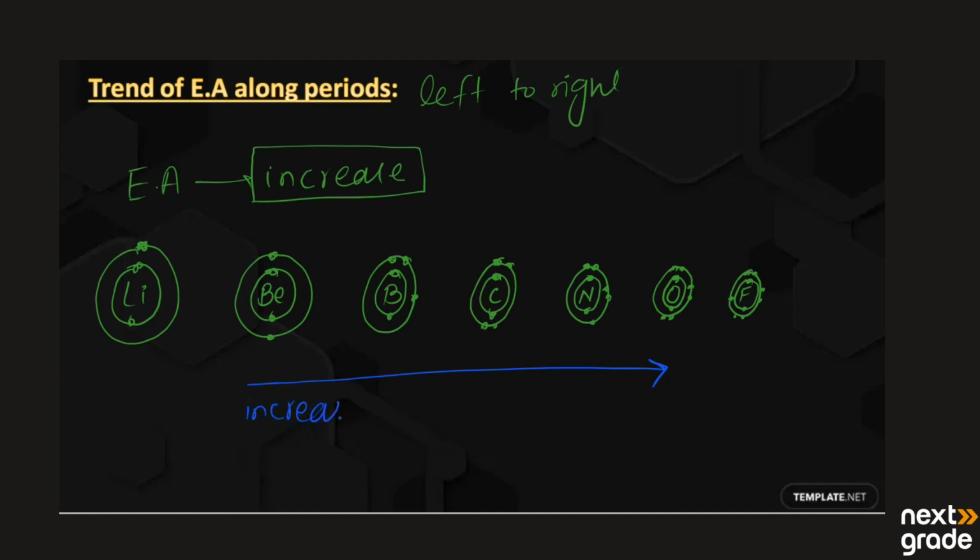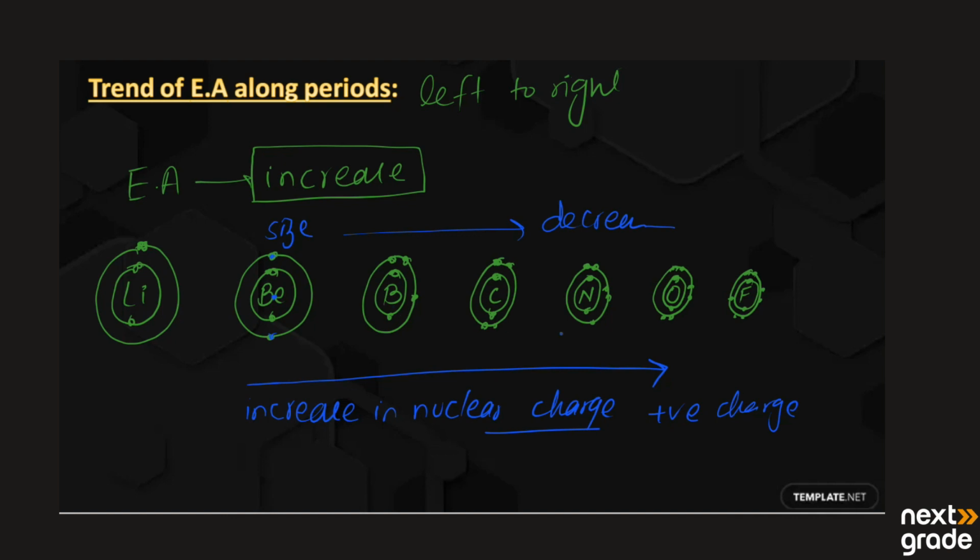increase in nuclear charge. Nuclear charge is the charge on the nucleus, that is positive charge. When this charge increases, the size of an atom decreases. Now the valence electrons are closer to the nucleus.